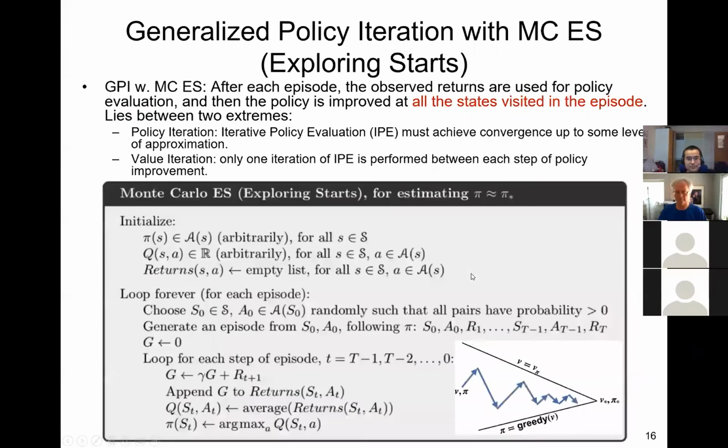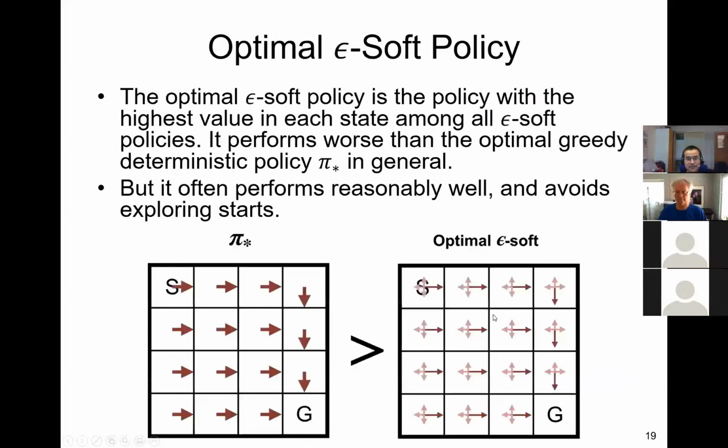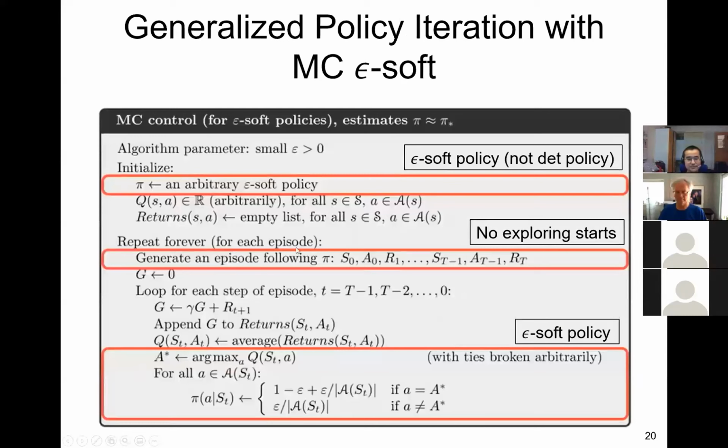In the previous one, we must choose S0 randomly, such that all pairs have probability higher than 0. That's exploring starts. But here we don't have to do that. And the third difference is the epsilon soft policy with a small probability of choosing the non-greedy action.